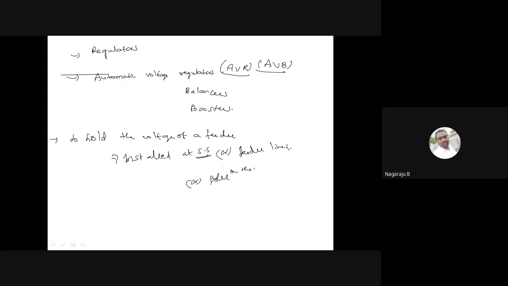These are essentially needed. Auto transformers.